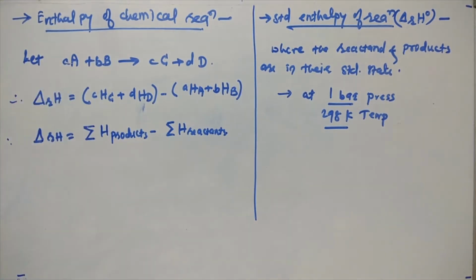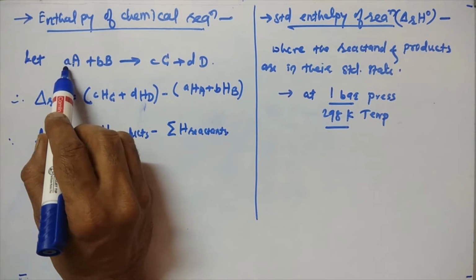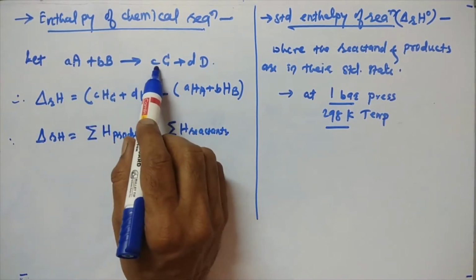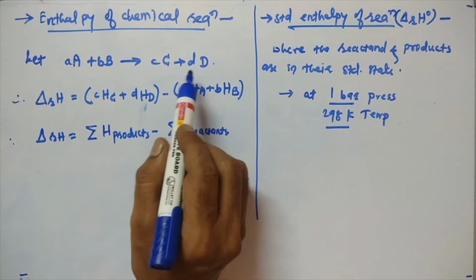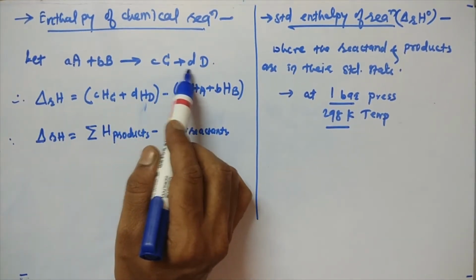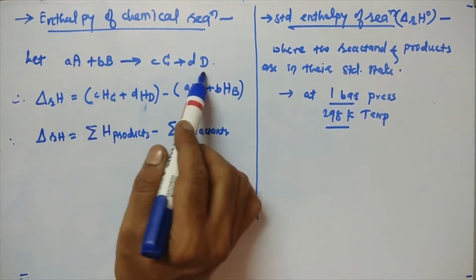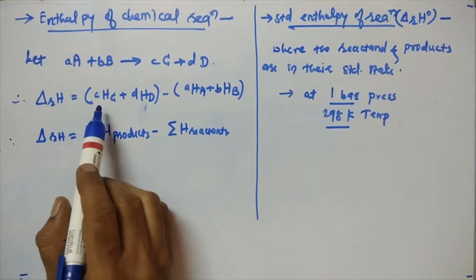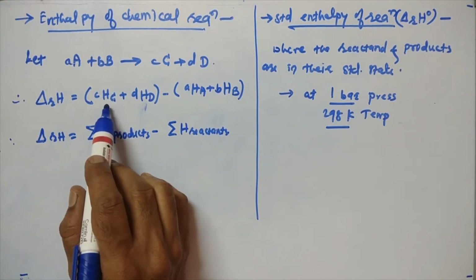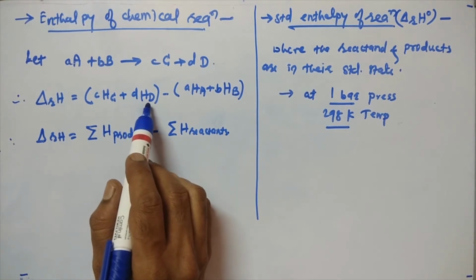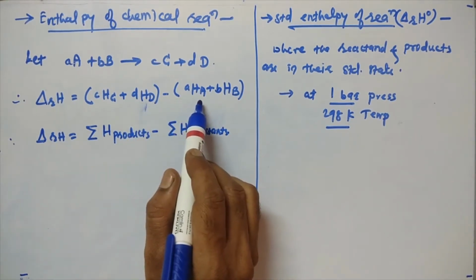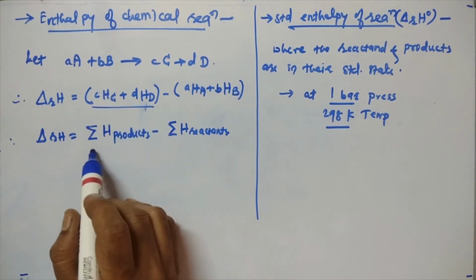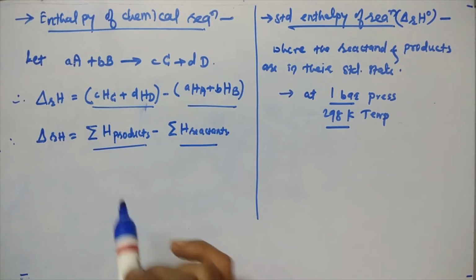So let us consider this reaction. a A plus b B gives c C plus d D. The coefficient small a indicates the number of moles, and the small letters indicate the number of moles of the individual substances A, B, C, D. Then according to the definition, delta rH is equal to, in brackets, the enthalpy of C plus the enthalpy of D minus the enthalpy of A plus the enthalpy of B. Altogether this is written as the sum of the enthalpies of the products minus the sum of the enthalpies of the reactants.